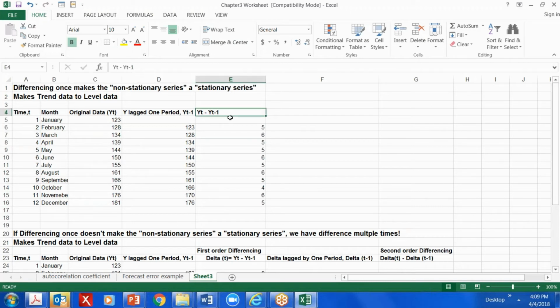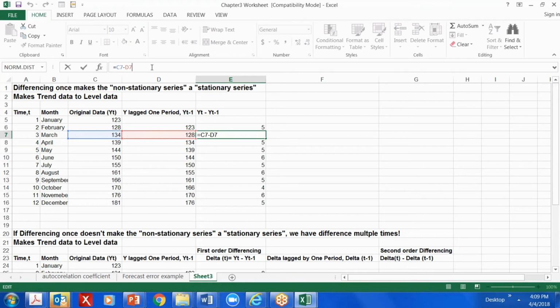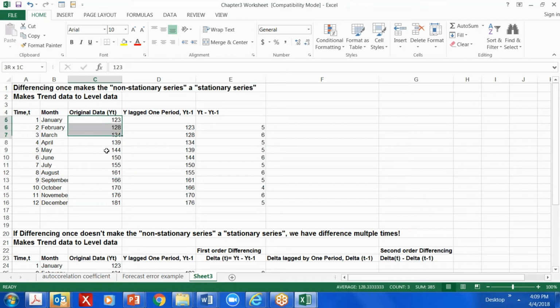So the difference is essentially the difference between the value of Yt and Yt-1, the original data lagged by one time period. In this case, 128 minus 123, which is 5, as you see here. Similarly for March, it is 134 minus 128, and so on. As you can see, this data clearly has a trend because the values are increasing from 123 to 128, 128 to 134, 134 to 139, and so on.